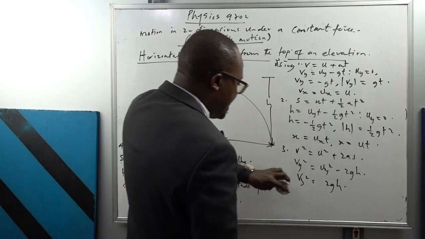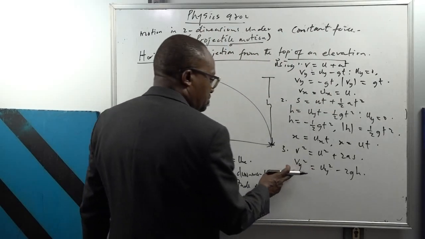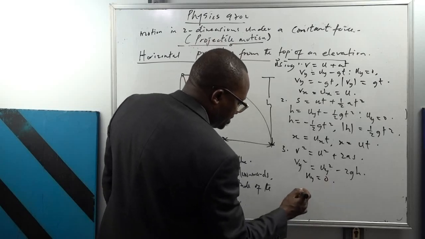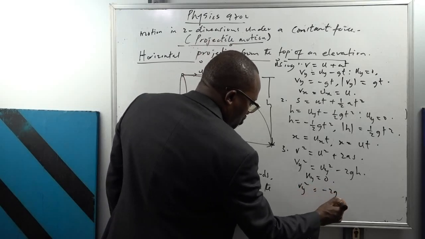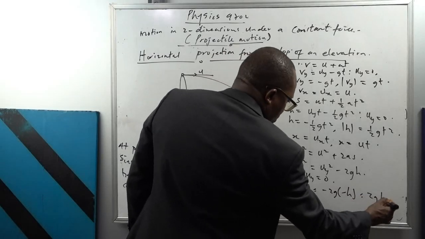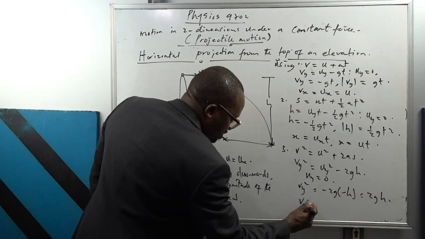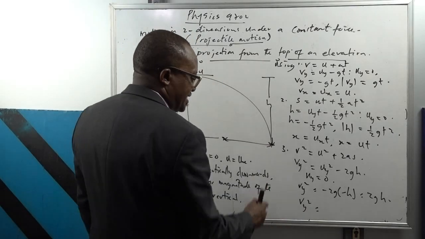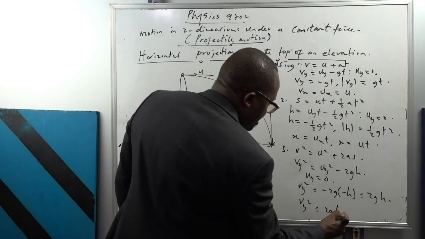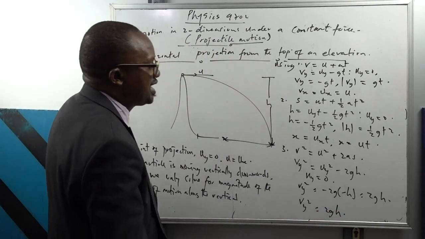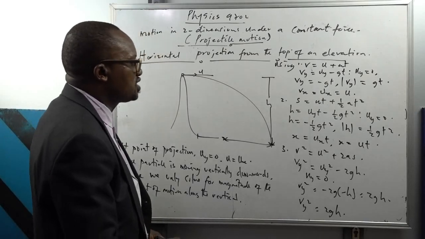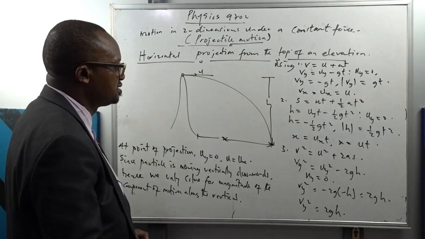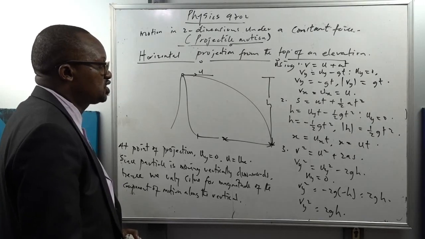To explain this another way: uy is 0, and h is minus h, so vy squared becomes minus 2g times minus h, which is basically 2gh. So the square of the vertical velocity at a height h is just 2gh. These are the equations we require in order to describe the motion of this particle in a given position.